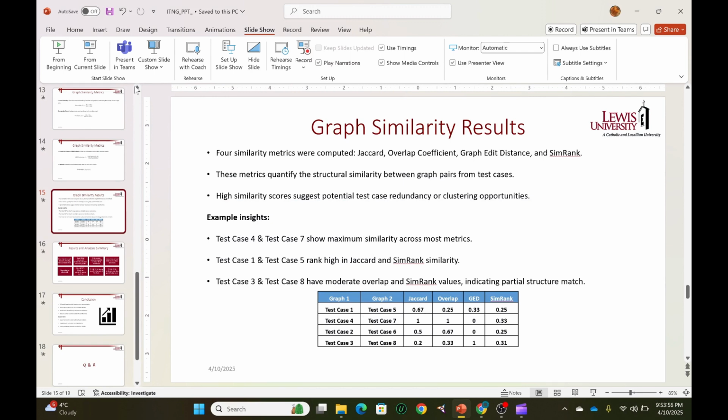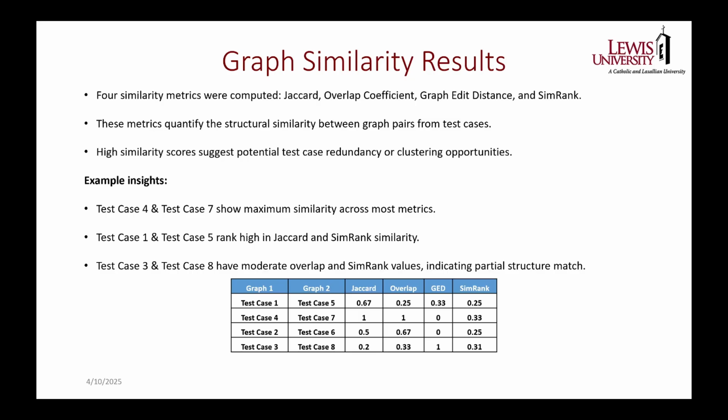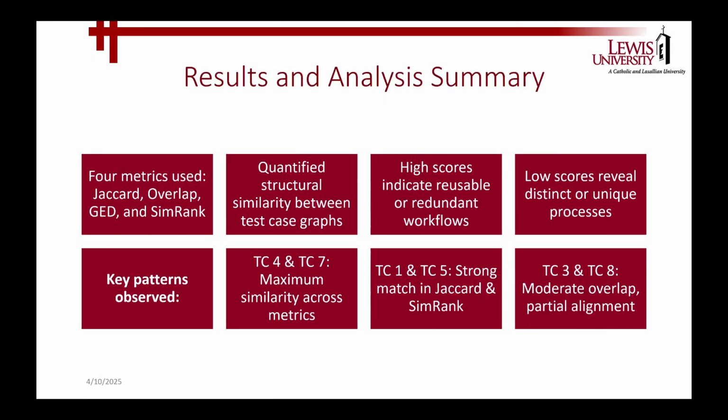And coming back to here, results and summary, analysis summary. Our comprehensive analysis revealed several crucial insights. By employing multiple similarity metrics, we obtained a multifaceted understanding of the structural relationships between test cases.